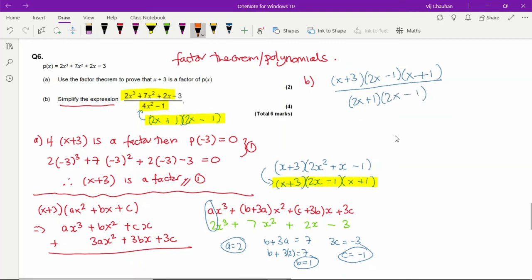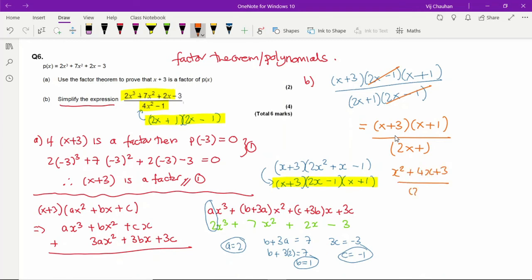And from this I should be able to spot that I can cancel 2 of those brackets. It's giving me a final answer of x plus 3, x plus 1 over 2x plus 1. Now if you then go on to expand the top, in which if you did expand it you'd get x squared plus 4x plus 3 over 2x plus 1, then that's absolutely fine.